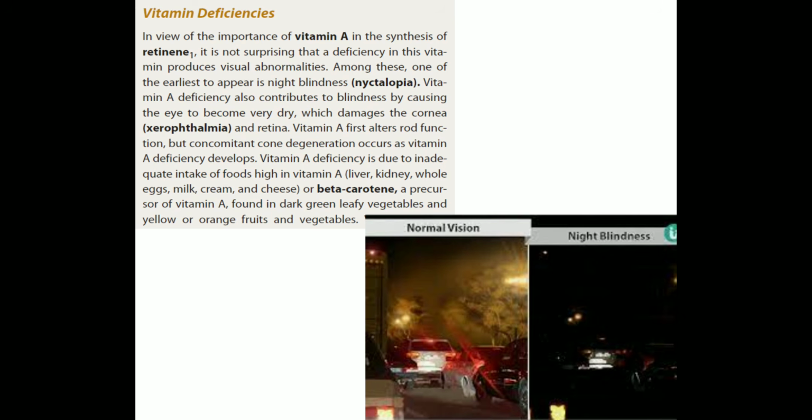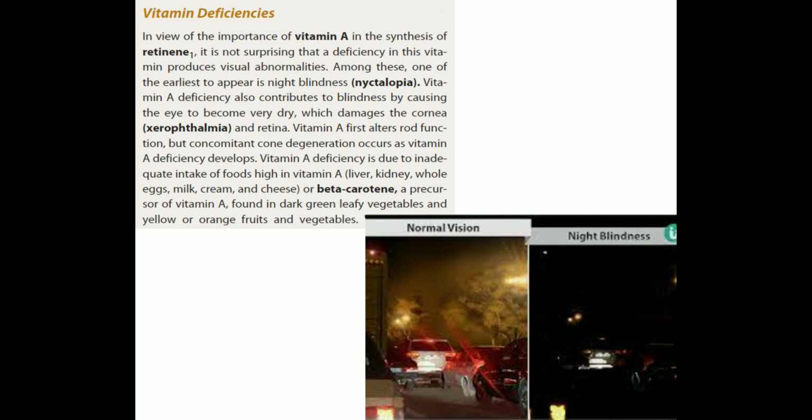You can also treat these vitamin A deficiency patients. Vitamin A can also be found in dark leafy vegetables and orange fruits.